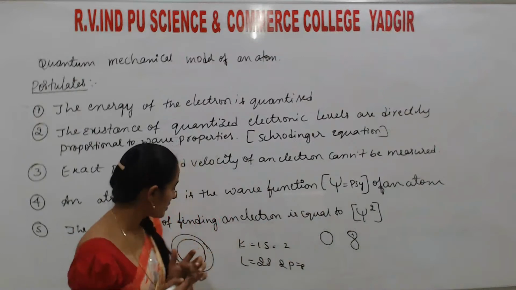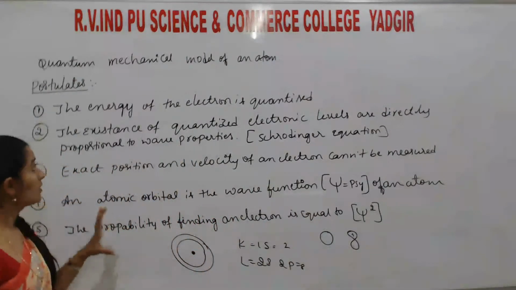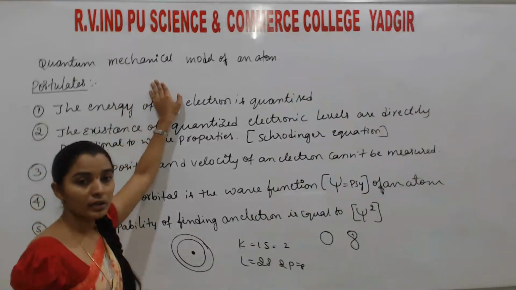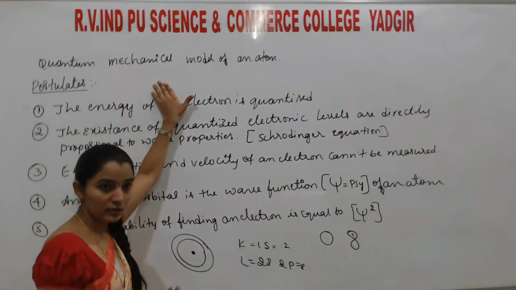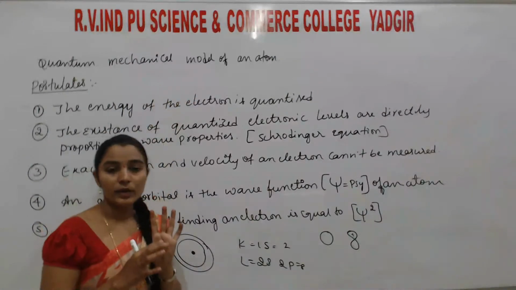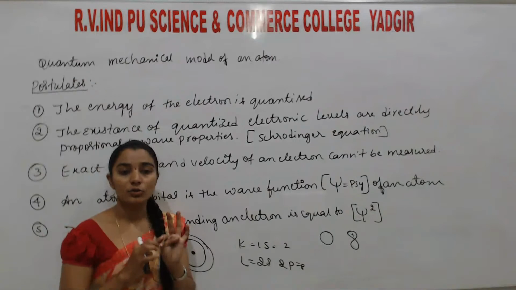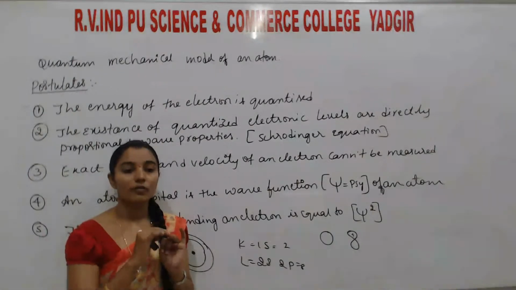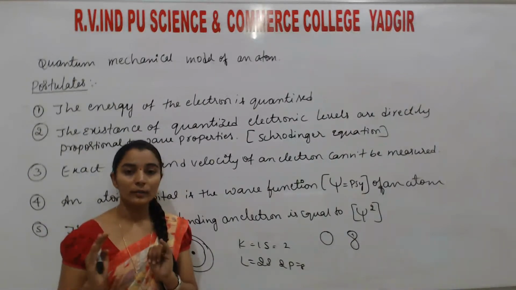So this is all about the postulates of the quantum mechanical model. This quantum mechanical model further consists of four quantum numbers. One is the principal quantum number, second is the azimuthal quantum number or orbital quantum number, third is the magnetic quantum number, and the fourth is the spin quantum number.